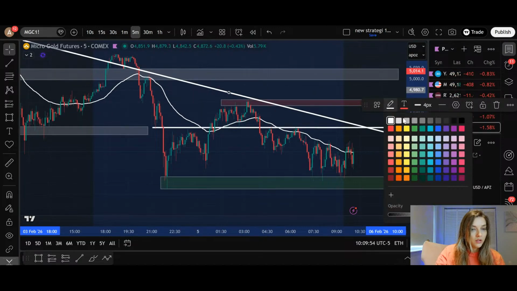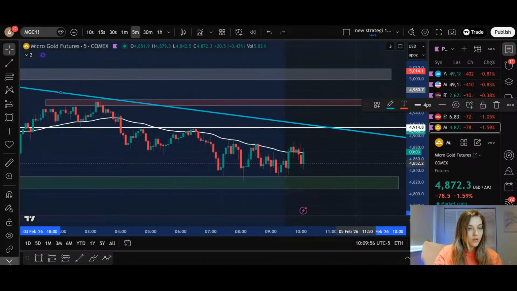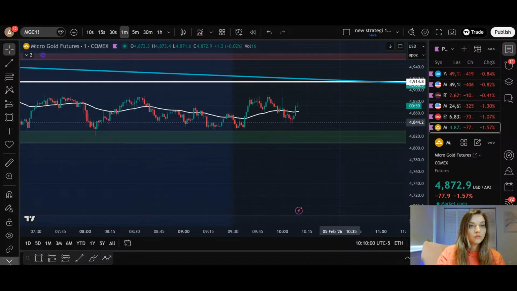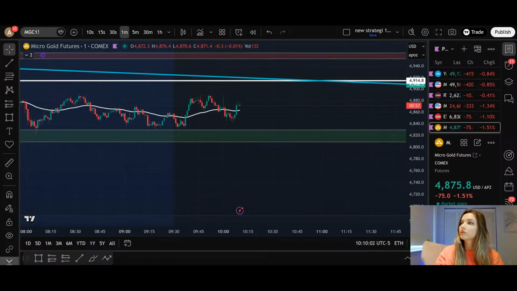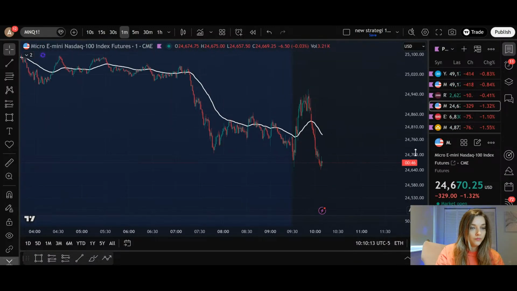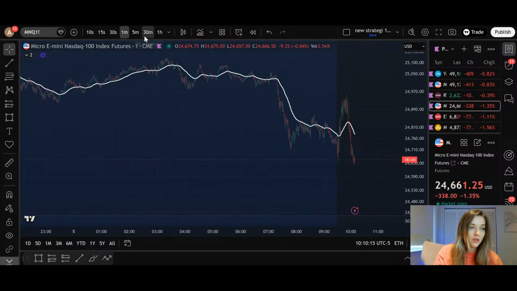Let's put this a different color. Here we go. Let's see. I know you guys like NQ. I don't really trade NQ.